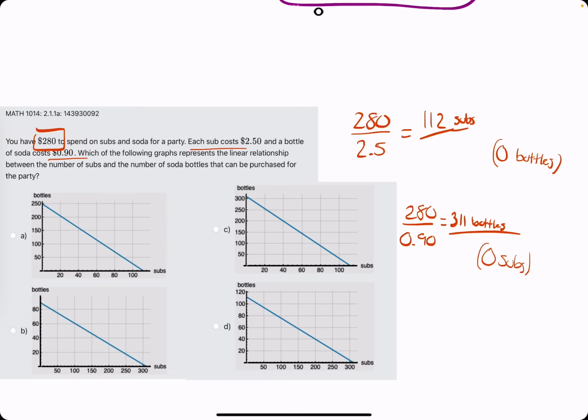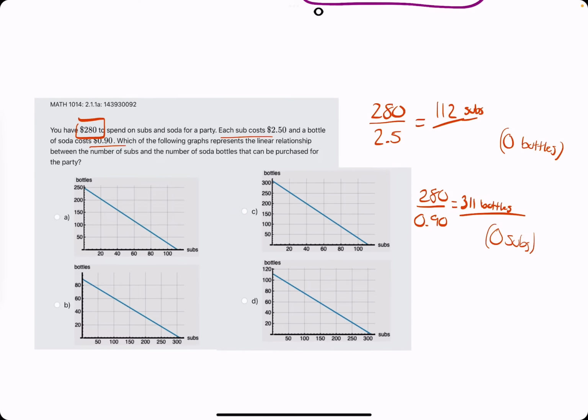Okay, so what this is giving us is basically the x and y intercepts of the correct graph we should be looking for. So the subs intercept is 112. The bottles intercept should be 311. Okay, so 112 subs, that's looking good. That's not looking good. That's like 300.